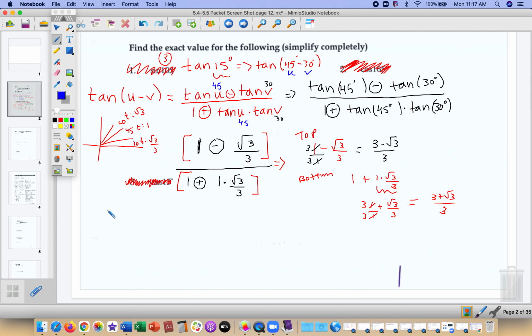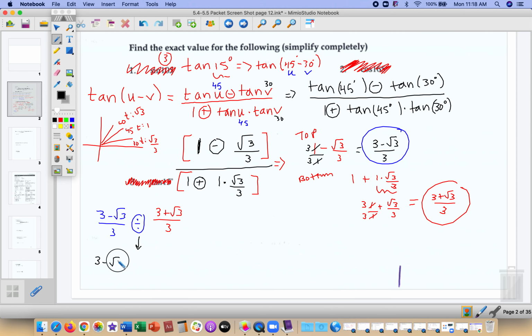Okay, so now we have on the top 3 minus root 3 over 3 divided by the denominator 3 plus root 3 over 3. We're going to change division to multiplication, so we'll have 3 minus root 3 over 3.